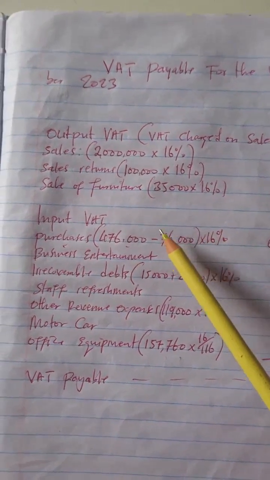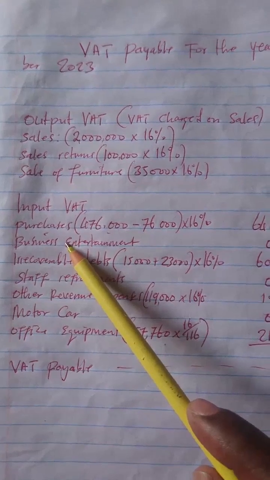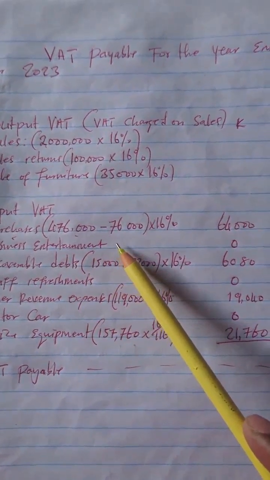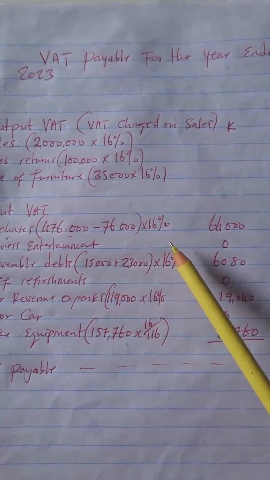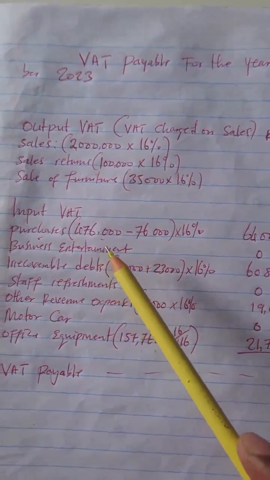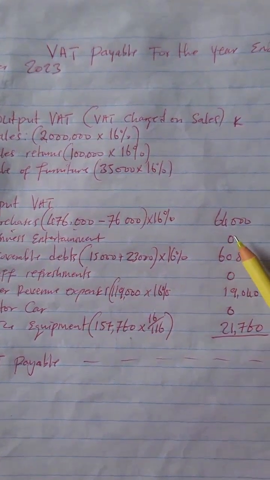Okay, so on business entertainment here, these are like expenses. You can't claim any VAT on business entertainment. That's why we have 0 here.